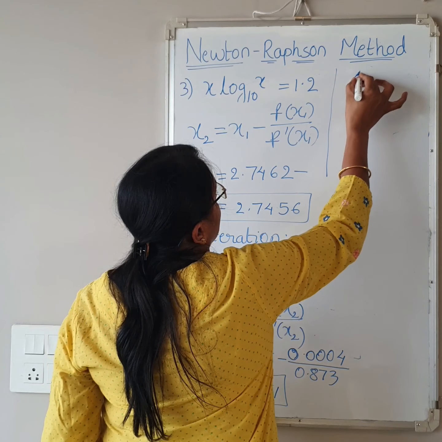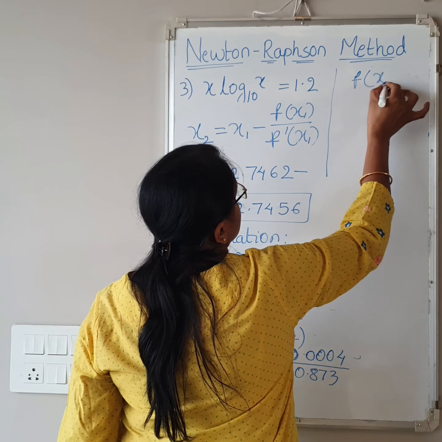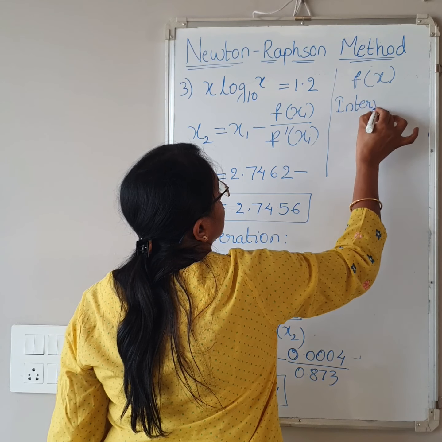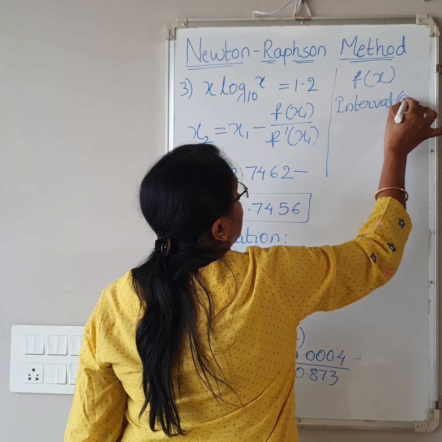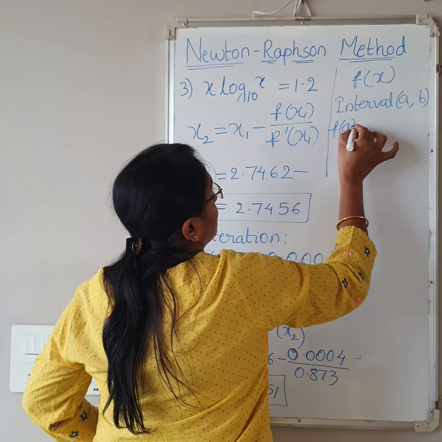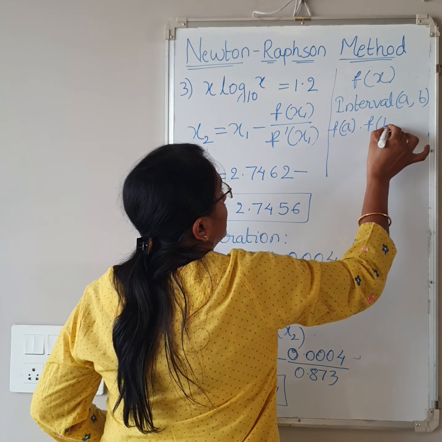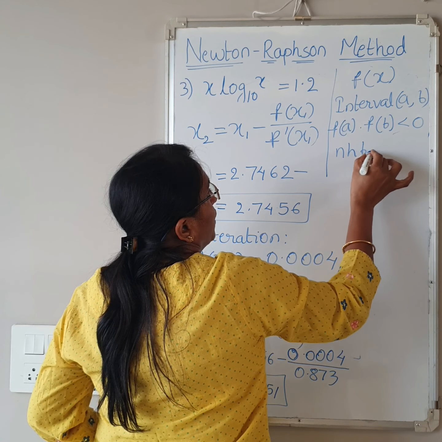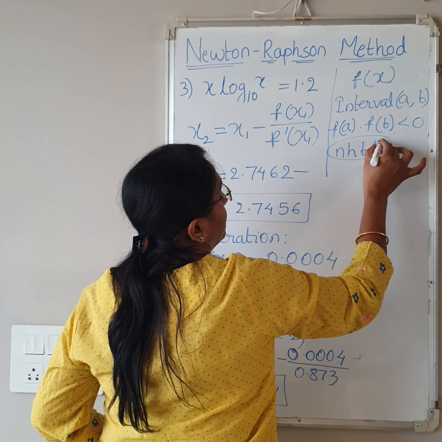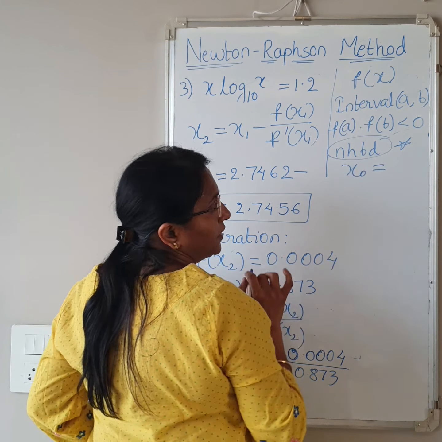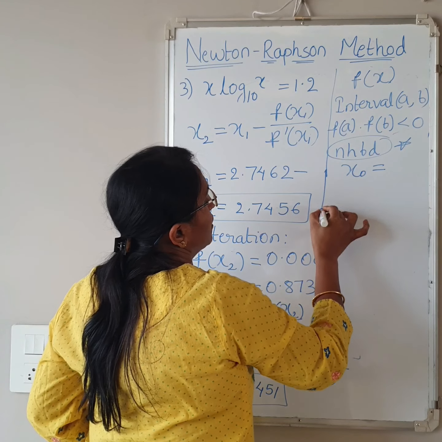So the summary of how to solve this: first you have to write f of x, then find interval a, b, and how to find the interval I have explained. That is, you take f of a into f of b less than 0. Then find the neighborhood point. This is important. Neighborhood point is x0.